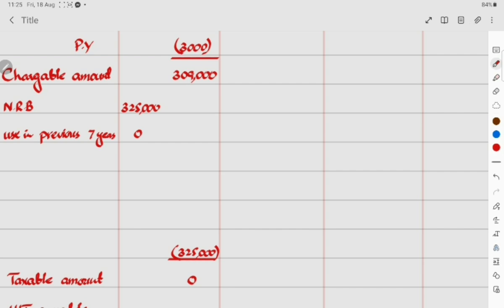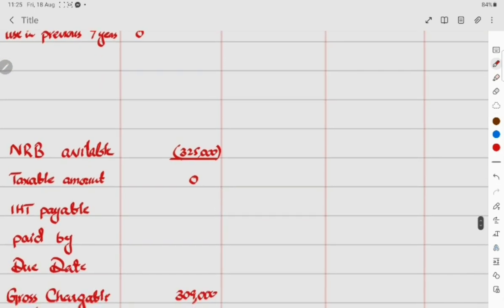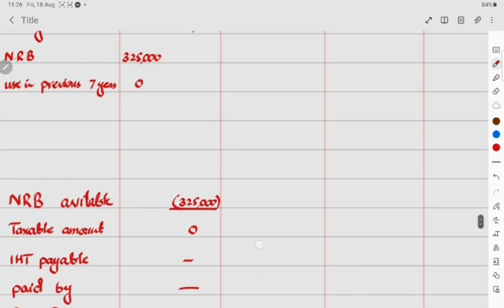There is no nil rate band used in previous 7 years. So 3,25,000 of nil rate band is available. Taxable amount is 0. There is no IHT payable. No need to mention who has to pay it because there is no tax. No need to mention the due date. The gross chargeable amount is 3,09,000.